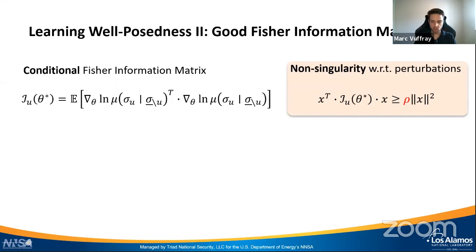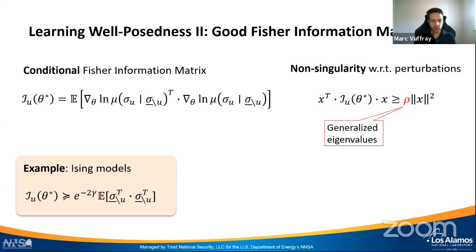Sometimes it doesn't work for the 2 norm, or it's asking too much, and you may want to look at an infinity norm instead. You can view this rho variable as a sort of generalized eigenvalue, which tells you how degenerate the problem is, or by what amount you can change the likelihood by adding a perturbation on theta star.